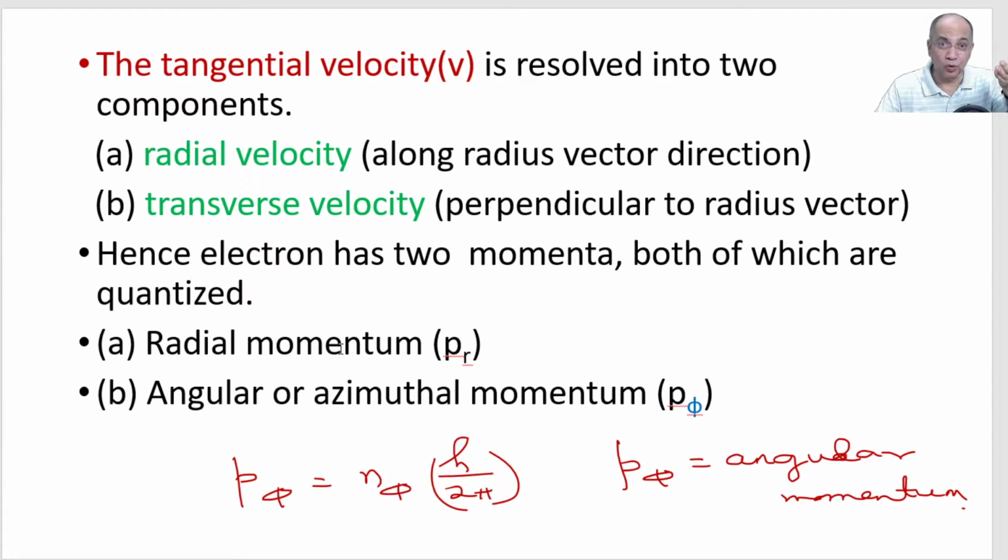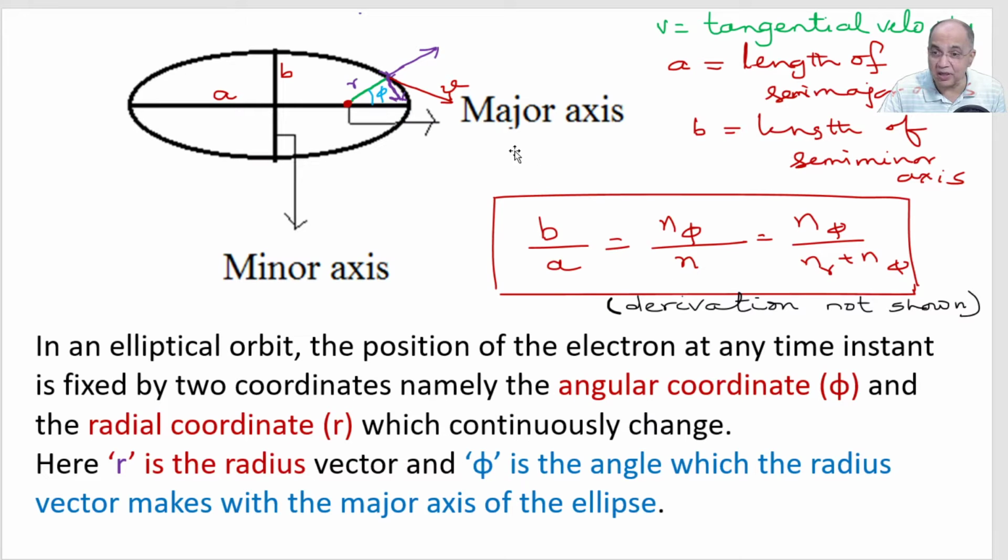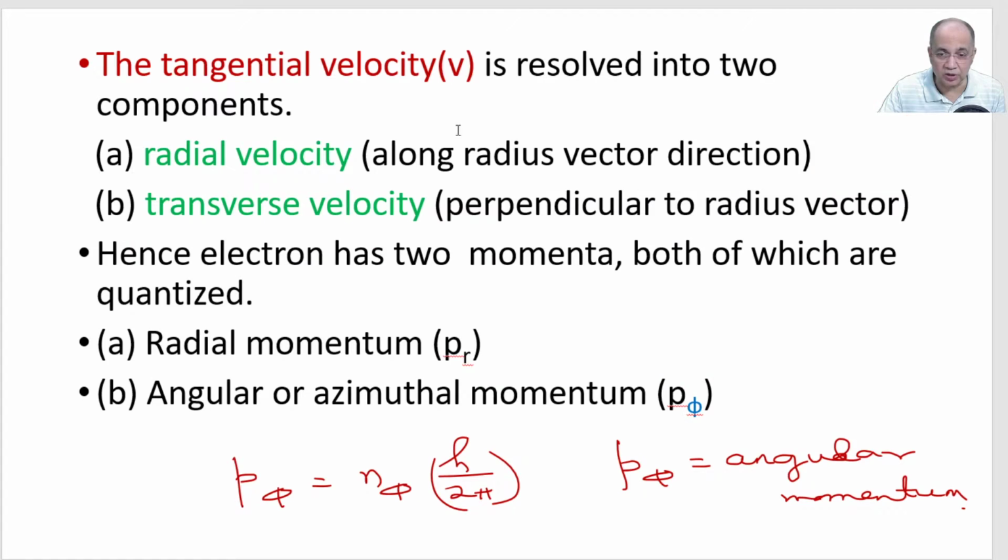You know, one of the postulates of Bohr's theory is that the electron's angular momentum is quantized, takes certain permitted values which are integral multiples of h by 2 pi. Same thing here, but there are two momenta. One is the radial momentum and the other is due to the transverse velocity. These are the two components of the main tangential velocity.